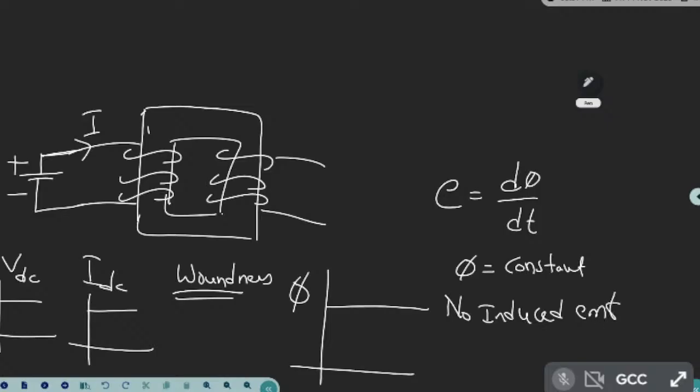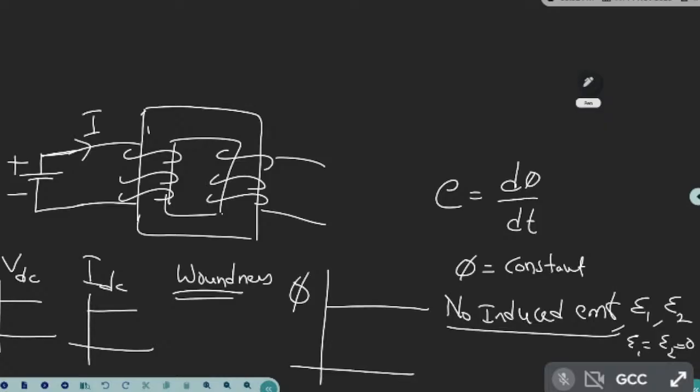E1 is not available, E2 is not available. There is no induced EMF in the primary as well as secondary. E1 is 0, E2 is 0.